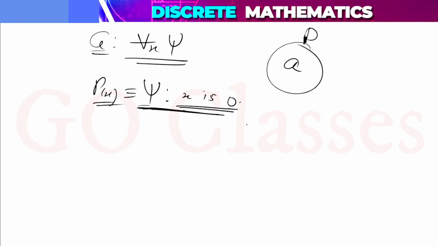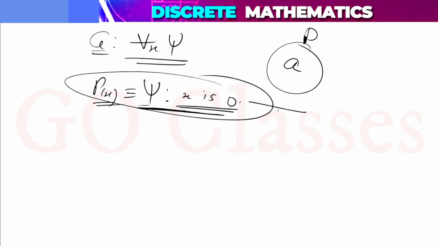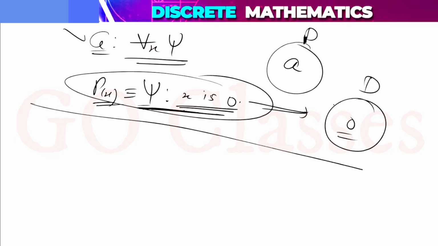Are you getting this point? Now you can see if this is psi, then definitely I have a model of size 1. What is that model? If this is the domain, then definitely G is true. So the given condition is satisfied: for this formula G, I have a domain of size 1 in which it is true.